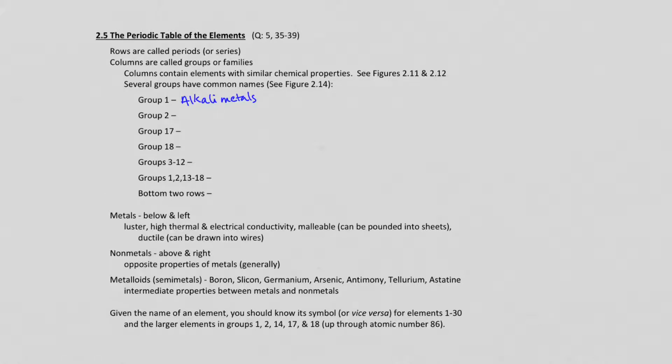If you're in group 2, beryllium, magnesium, calcium, etc., we call you the alkaline earth metals, spelled differently.